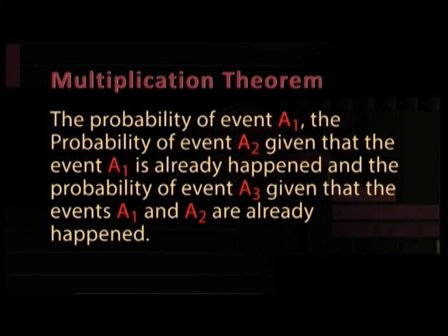The probability of event A1, the probability of event A2 given that the event A1 has already happened, and the probability of event A3 given that the events A1 and A2 have already happened.